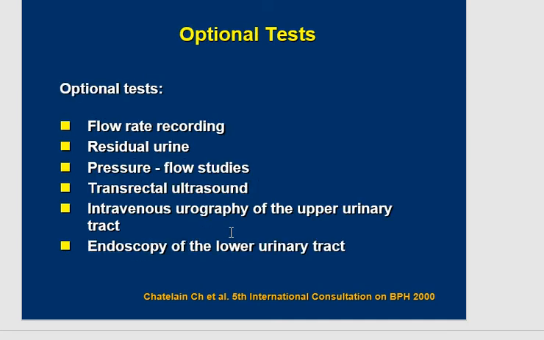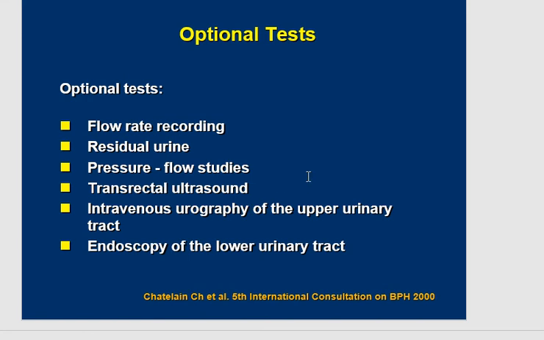There are certain optional tests like flow rate recording, uroflowmetry, and residual urine, meaning how much urine is left behind inside the bladder after voiding. Then certain pressure flow studies by urodynamics, where the contractility of the bladder can be measured.